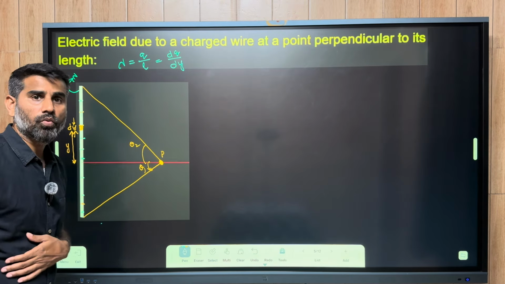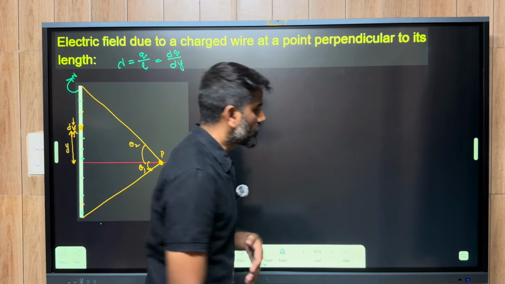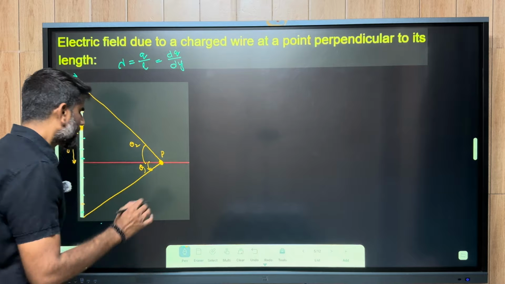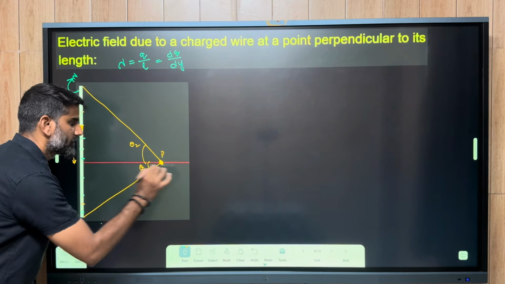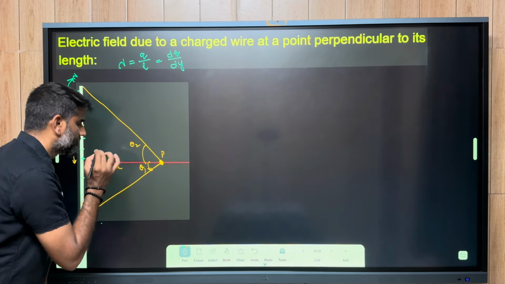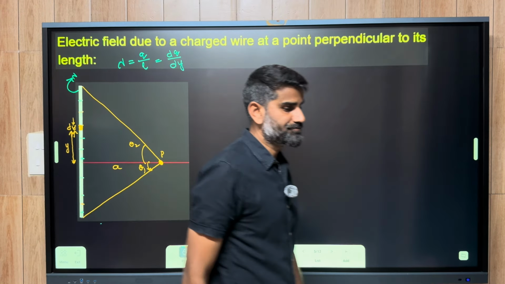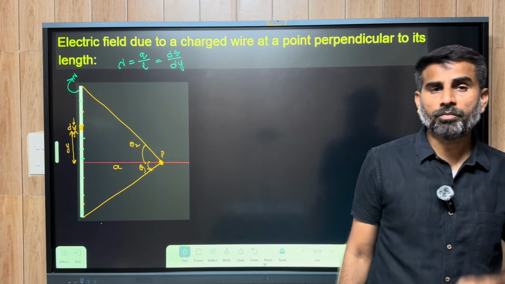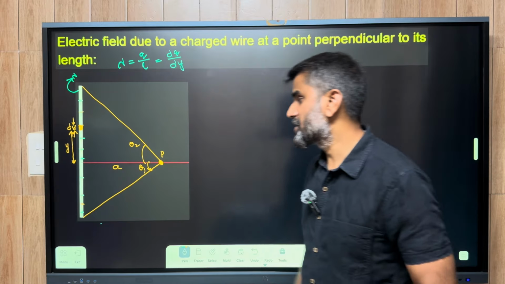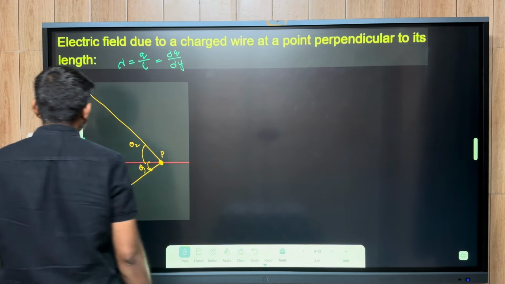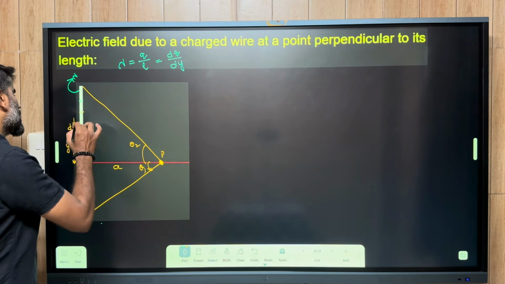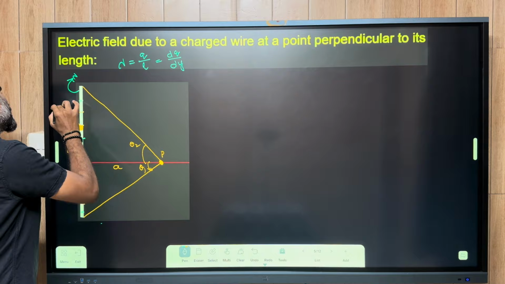Let us suppose this length is a. From the rod to point P, the perpendicular distance is a. Now the charge of this element is dq.